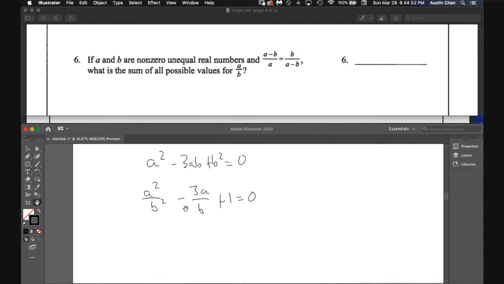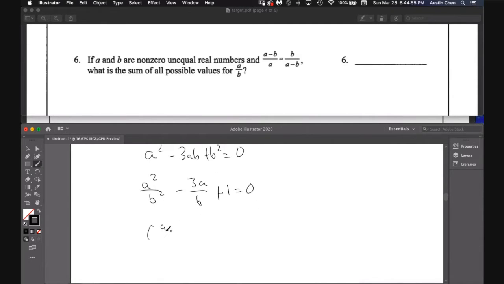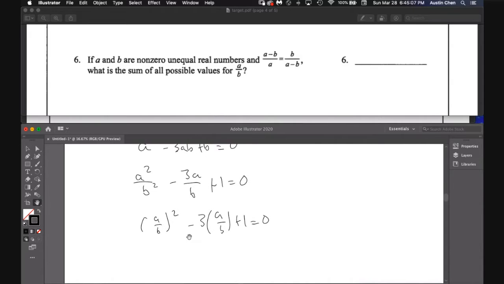And then you can see that this is just going to be a quadratic function in A over B, right? So (A over B) squared minus 3 times (A over B) plus 1 equals 0. So now that we have a quadratic function in A over B, obviously we get a lot more information.